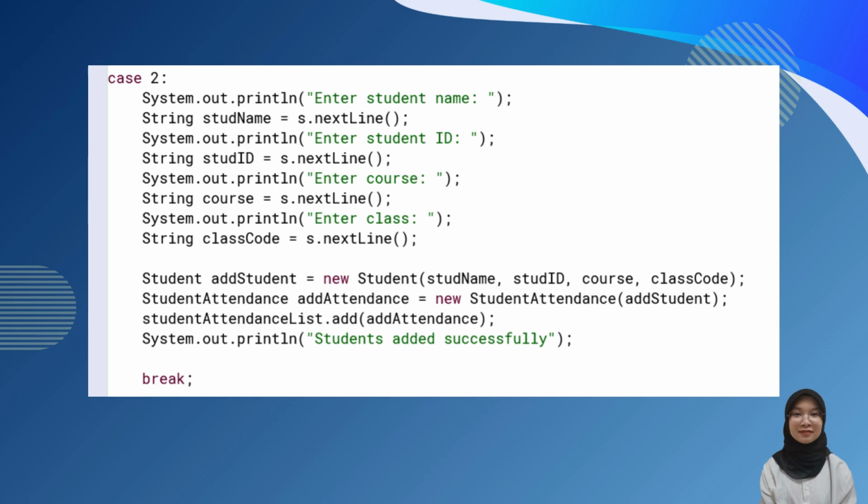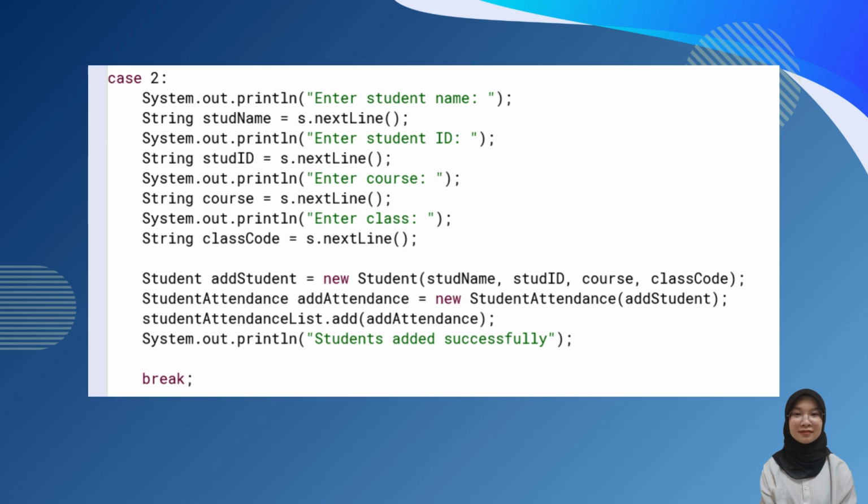For case 2, the program will ask the user to enter student name, student ID, course, and also class to add a new student in the list. So we will create a new student and student attendance object and store the data in those objects. And then the program will display a message which is student added successfully.